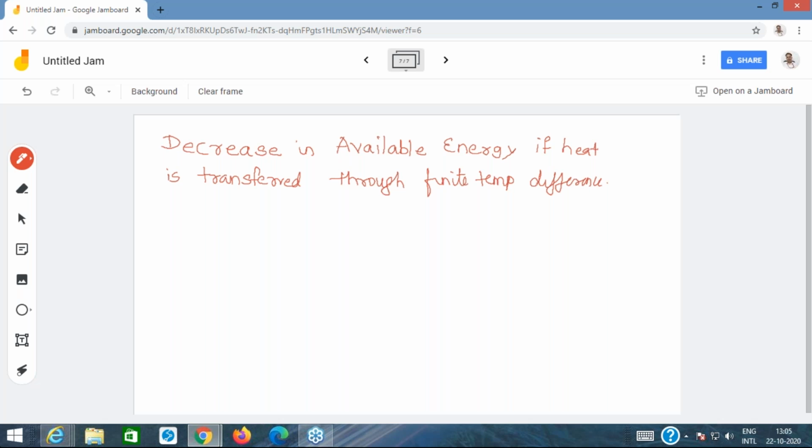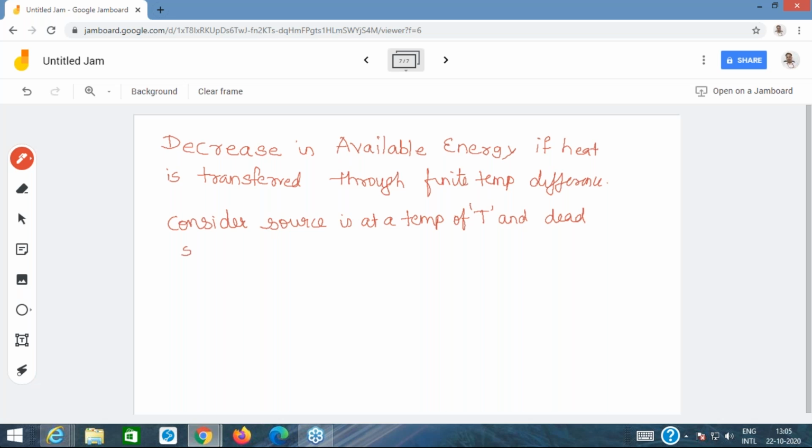So let us say that there is a heat Q which is to be transferred. Consider that the source is at a temperature of T, and the dead state temperature is T naught.